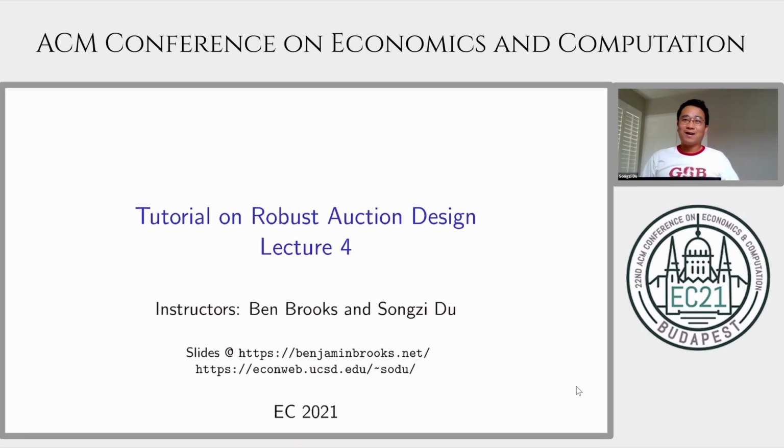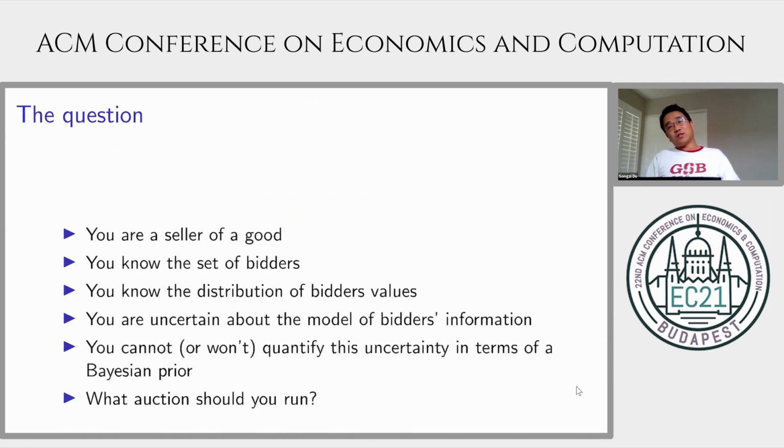Now we will have our final lecture on robust auction design. Let me first recap the question that we are trying to address in these lectures. Imagine you are a seller of a good.